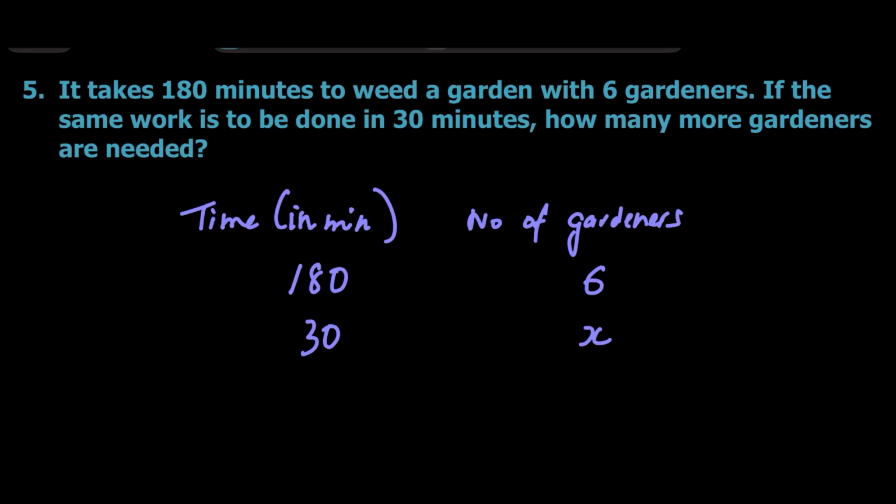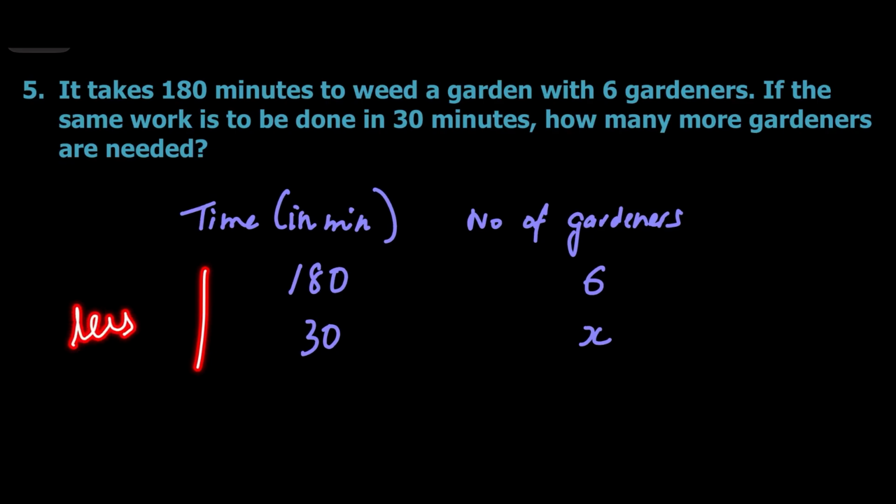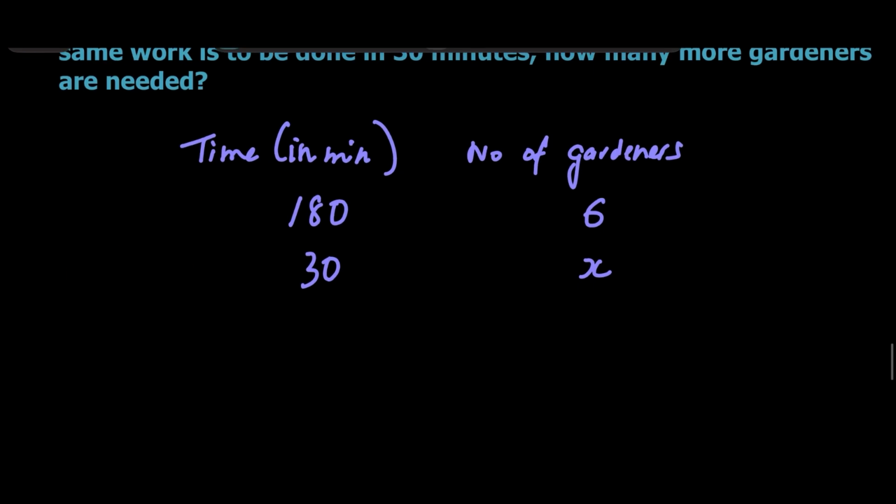Okay, what is happening here, guys? 180 minutes, the number of gardeners was 6. Now they want to finish the work in 30 minutes only. So much less time. So what should happen to the number of gardeners? It has to increase. When they want to finish the work in less time, they will require more people. So less and more is inverse. In inverse, what do we do?